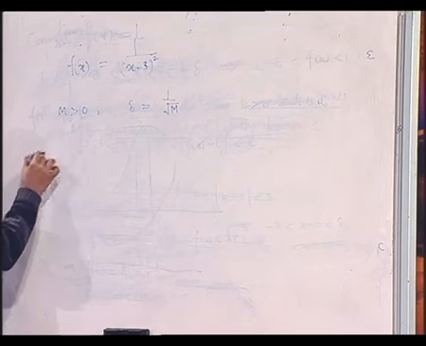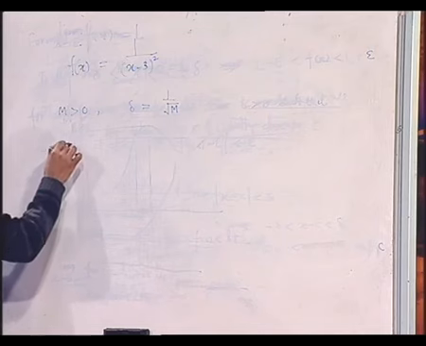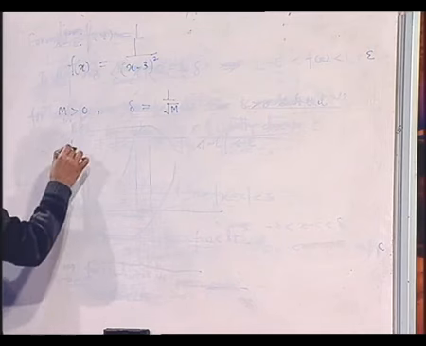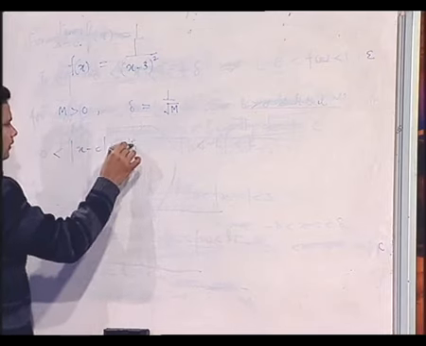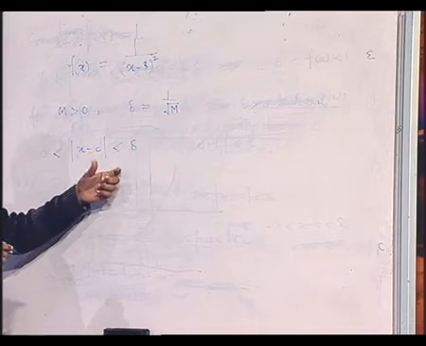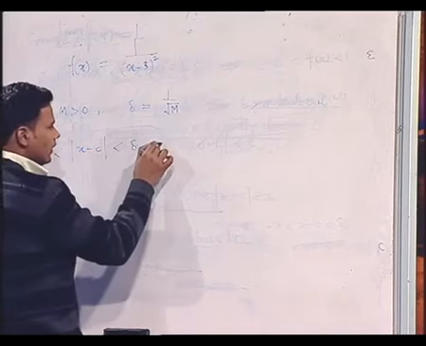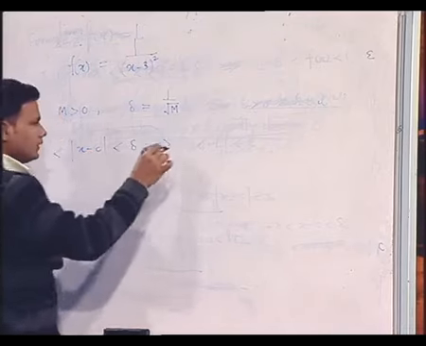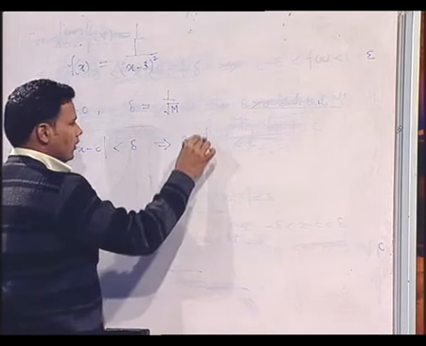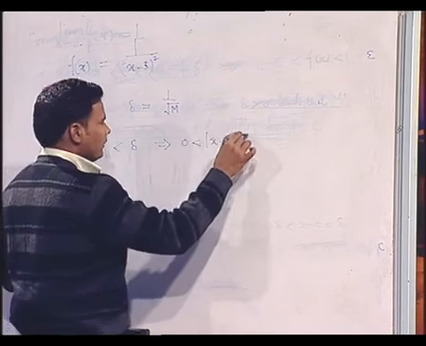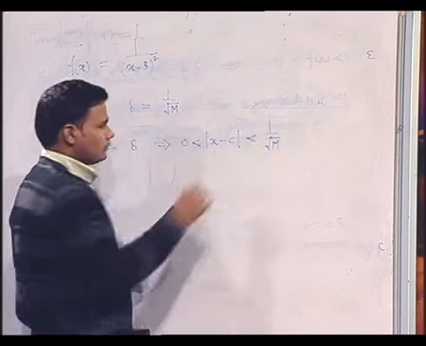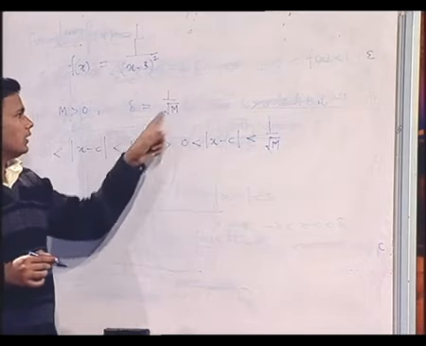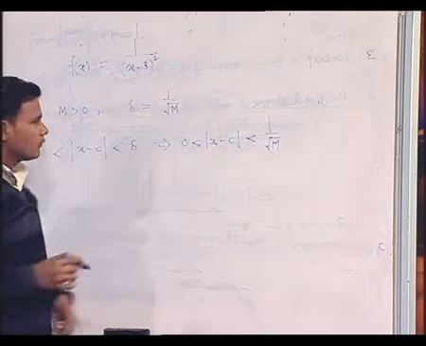So the definition says that if |x - c| lies between 0 and delta, then this implies |x - c| is less than 1 upon square root m, because delta is equal to 1 upon square root m.